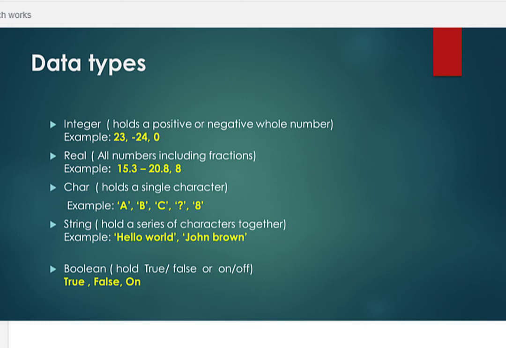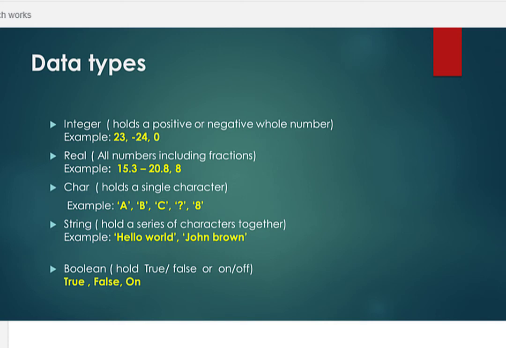But I just want you to know that a variable has to be of a certain type, and in our program, before we actually use the data, we have to tell our program what data type it should expect.